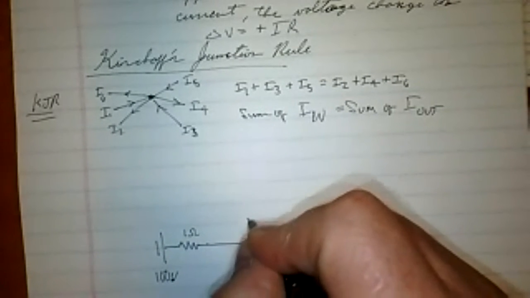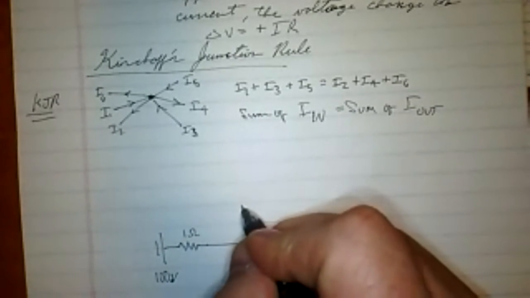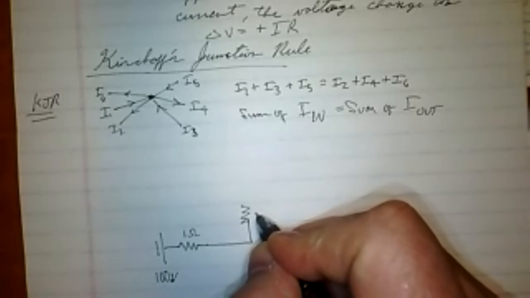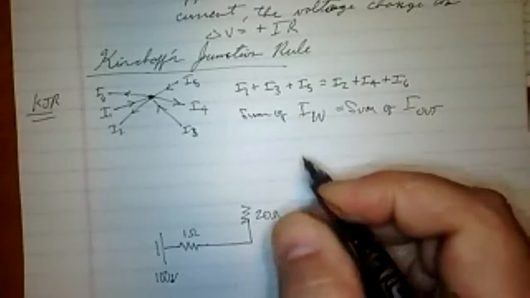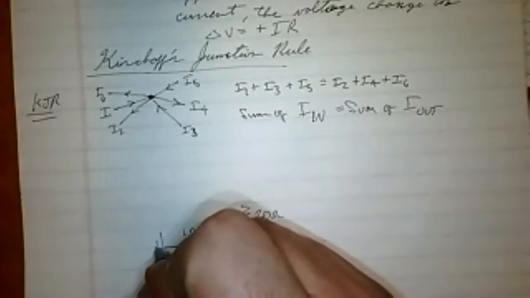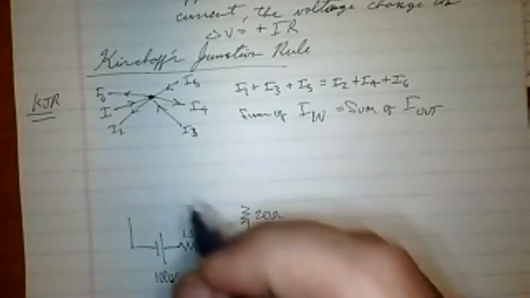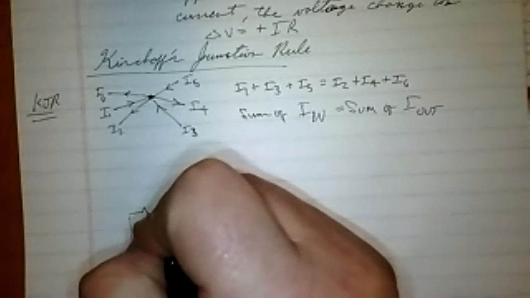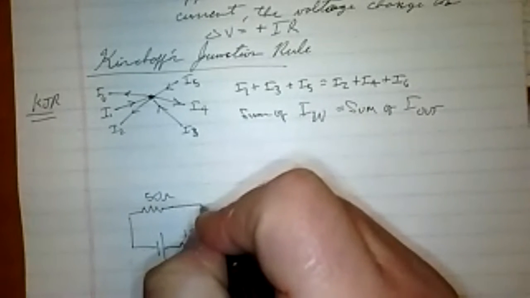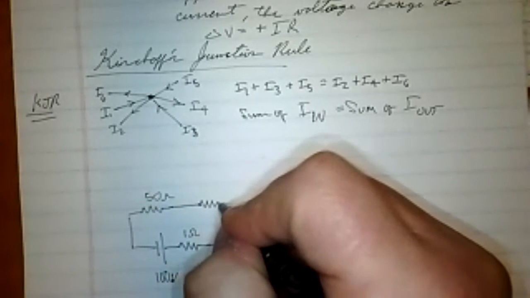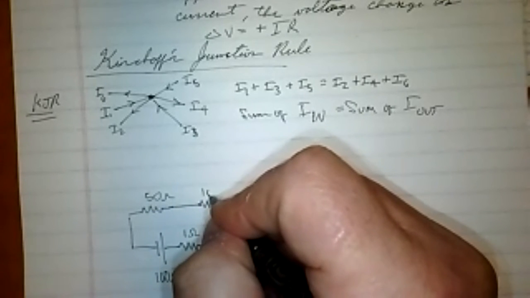And then over here, I'm going to say there's a resistance of, I don't know, 20 ohms. And over here, nothing. I'm going to say there's a 50 ohm resistor here and another resistor here of 1 ohm.